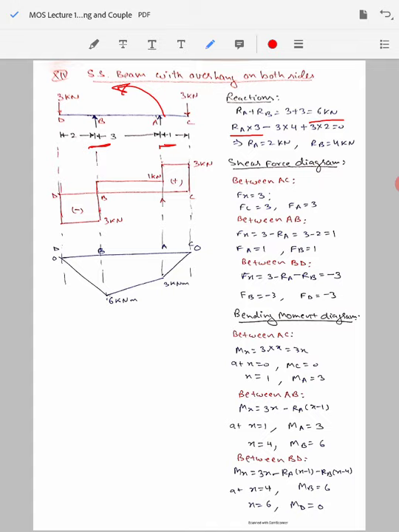Then there is a point load of 3 kilonewton acting at a distance of 4 meter from the point B, which will cause a clockwise moment of magnitude 3 into 4 kilonewton meter. So it is opposite to the reaction moment RA into 3, so we will use a negative sign here.